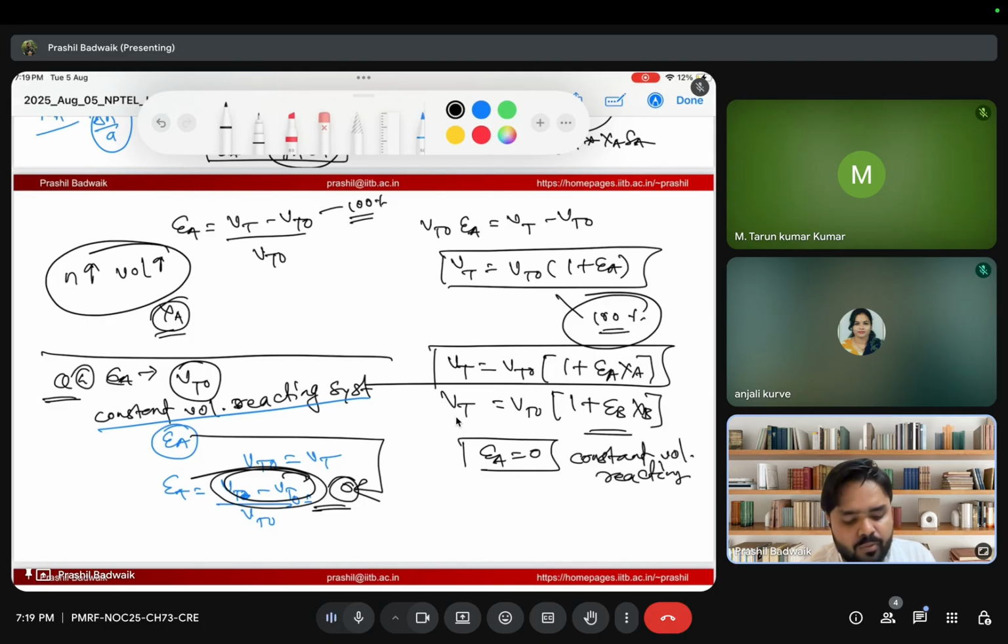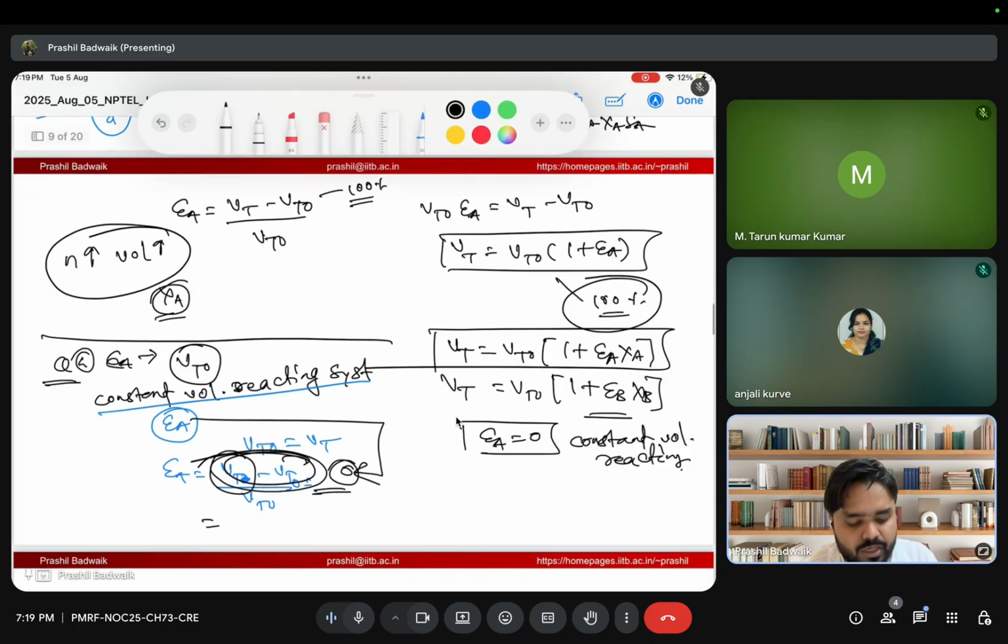Similarly, if volume increases, that means Vt minus Vt naught will be greater than zero, it is positive, right? Volume has increased, that means Vt is higher and Vt naught is lesser, so the difference is positive, epsilon A will be greater than 0.